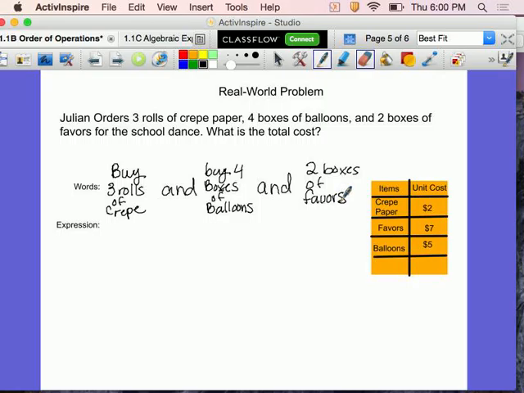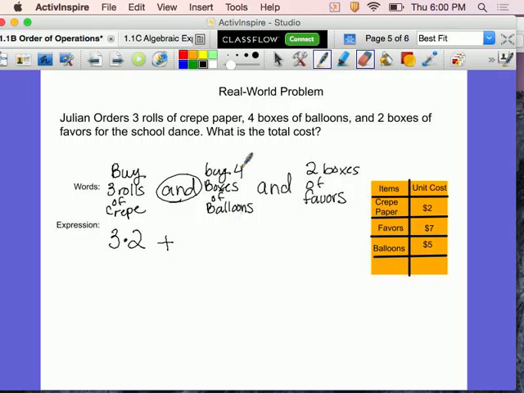Now we need to change our expression to one problem. Well, if he's going to buy 3 rolls of crepe paper, how do we find out what that cost is? We need to do 3 times $2. Okay, don't simplify it right now. We're just writing the expression. And there is a plus sign, so add that with 4 boxes of balloons.